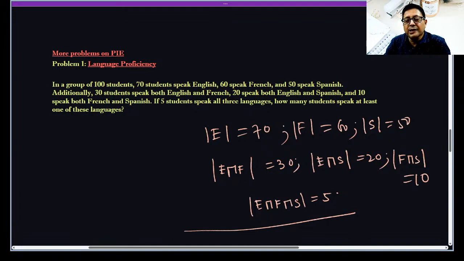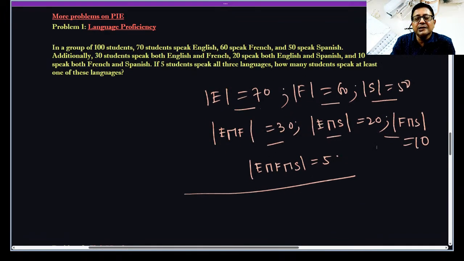Your problem is to find how many speak at least one of these languages. You can find it easily, like that only. Just the cardinal number of E, F, S, and from there you subtract this and add this. Clear? Just check whether it's matching or not.